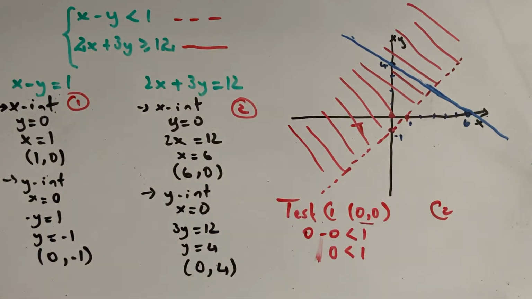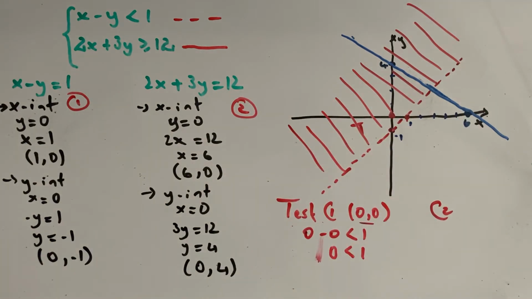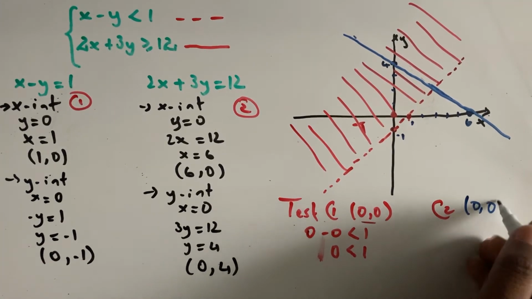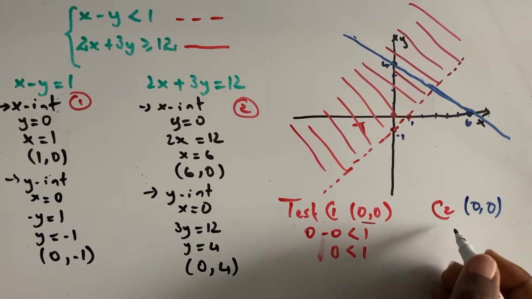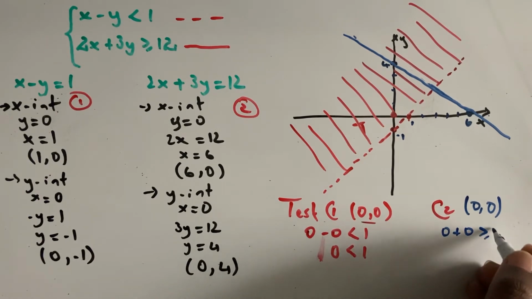Okay, now since I have 2 lines, I need to know where to shade for the blue line, right? So let's check. For the blue line, I'm going to test 0 as well, and I get 2 times 0 is 0, so I have 0 plus 0 greater than or equal to 12.